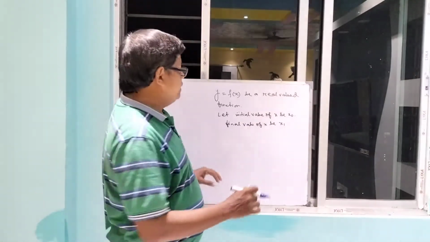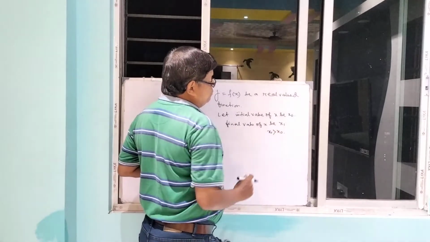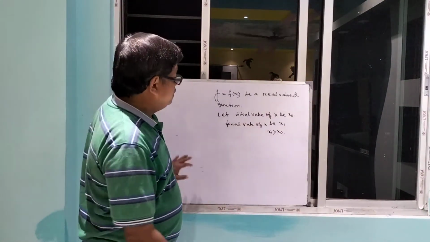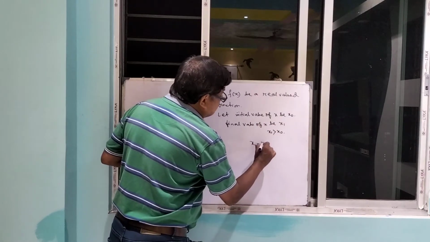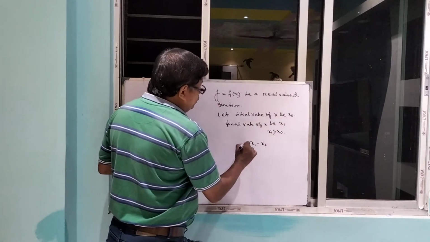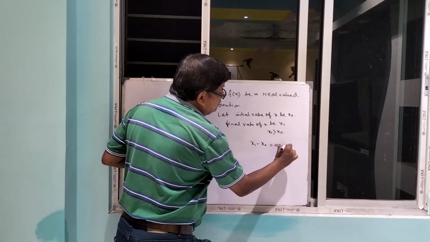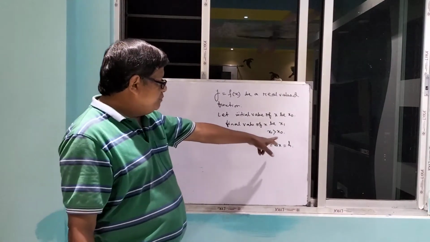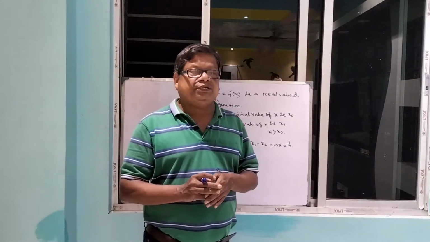So you have to consider here x1 greater than x0. Now the difference in the value of x, you can write their difference is x1 minus x0. So you have to write this will be delta x or h. That is the increment of x, delta x. Keep in mind it will be the increment of x.